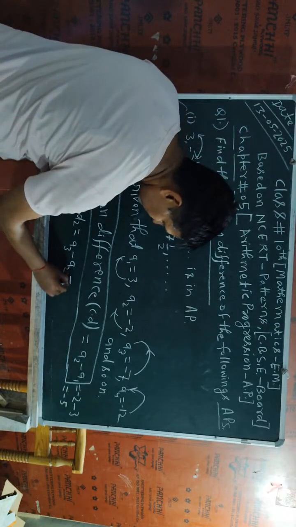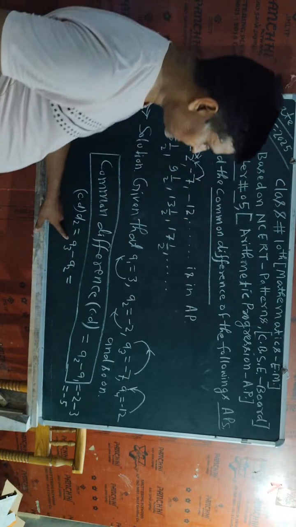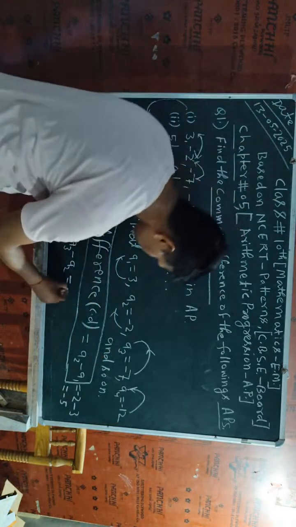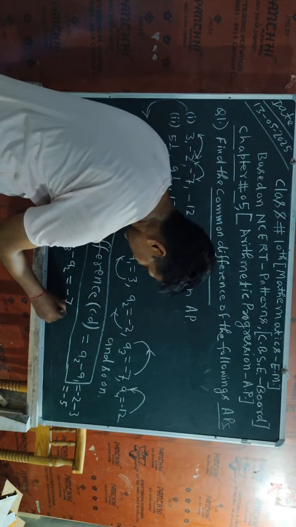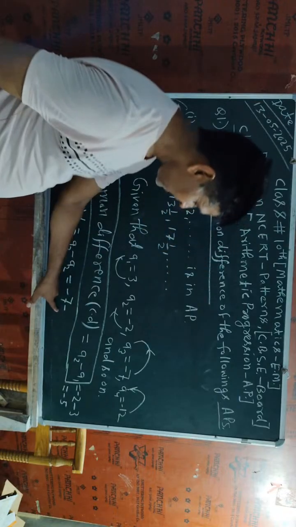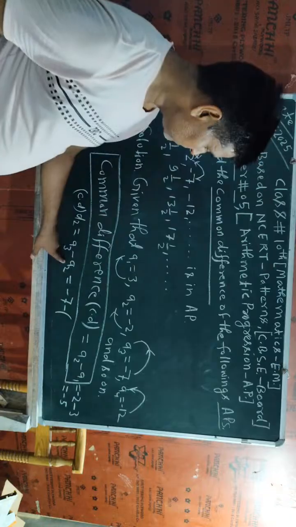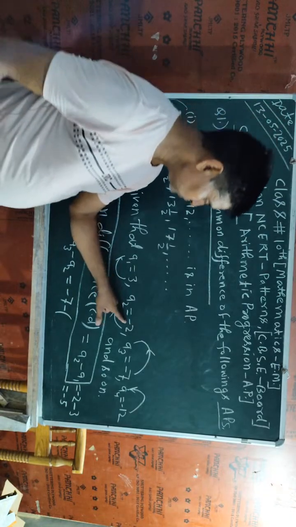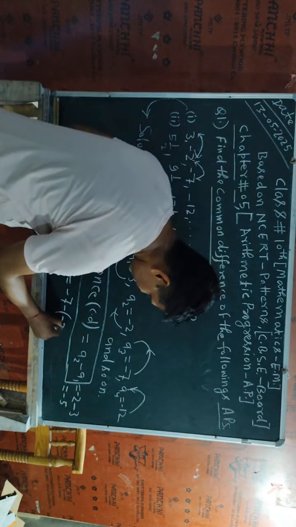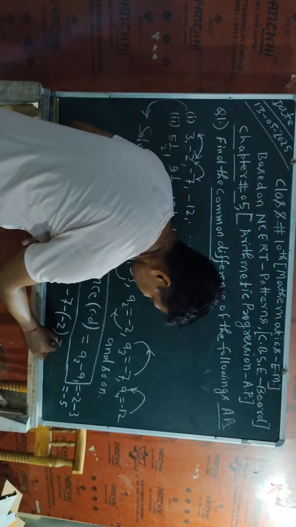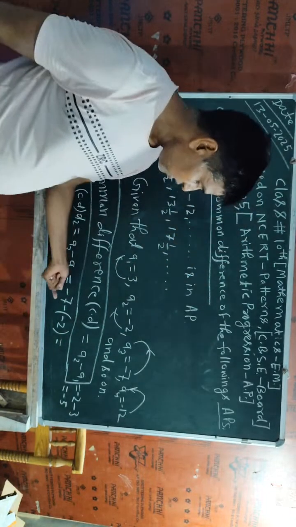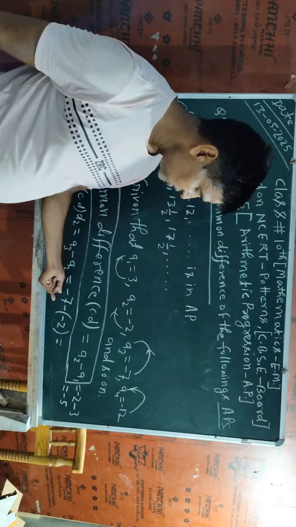So again I will put the value of A3, which is available here, -7, and the minus is available in the formula. I will put the minus sign here, and in the bracket I will write the value of A2, which is available here, -2. So after solving, I will get this value.